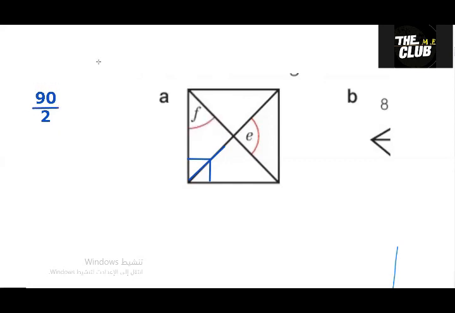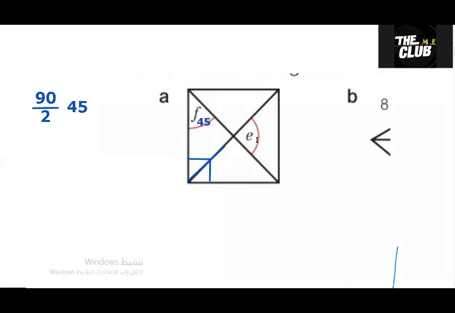Very good. Equals 45. This means this one is 45 and this one is 45. And it goes on all of the angles. So F here is what? Very good, 45, because it was cut by the diagonal line. So we found F, which is 45.